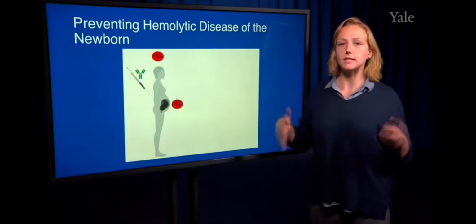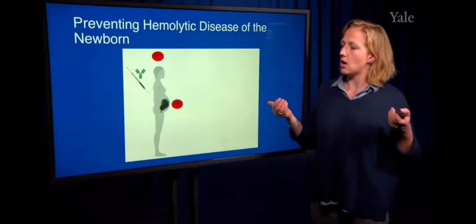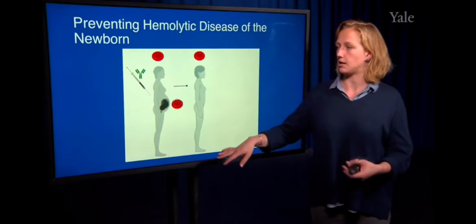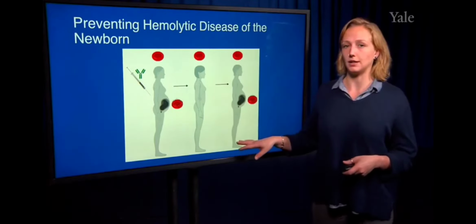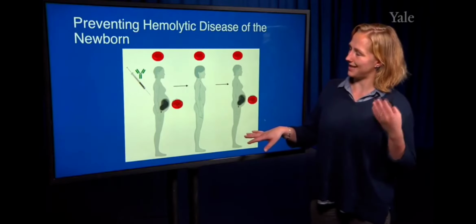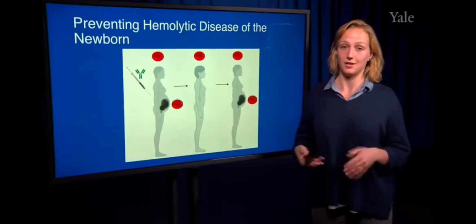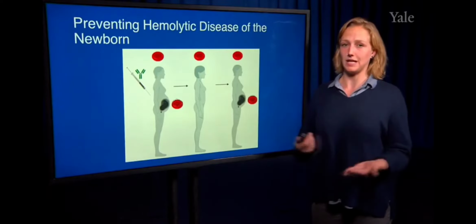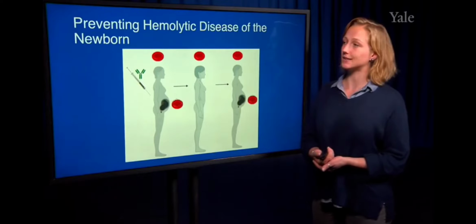The presence of these antibodies, which is like a pseudo memory response, will actually prevent her from generating her own adaptive immune response against the Rh factor, such that were she to get pregnant again, she wouldn't have an adaptive immune mediated response against the Rh factor in the blood. So using this property of memory response, we can actually prevent hemolytic disease of the newborn, which is incredibly fascinating.